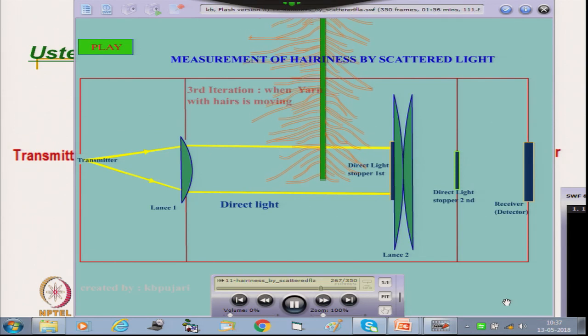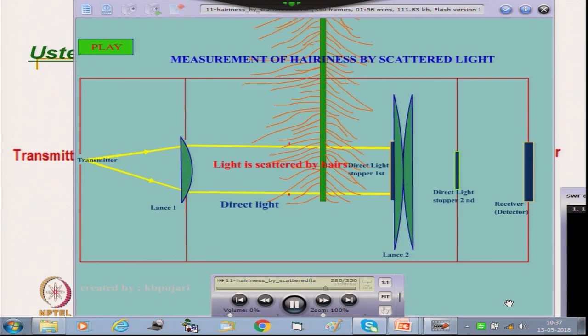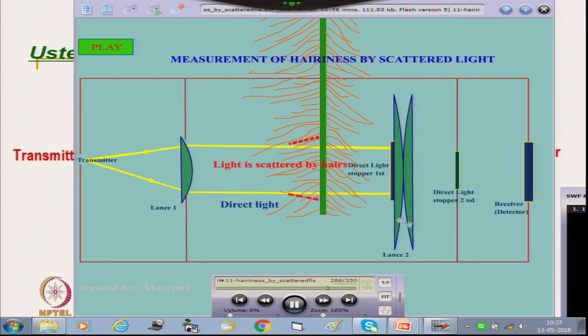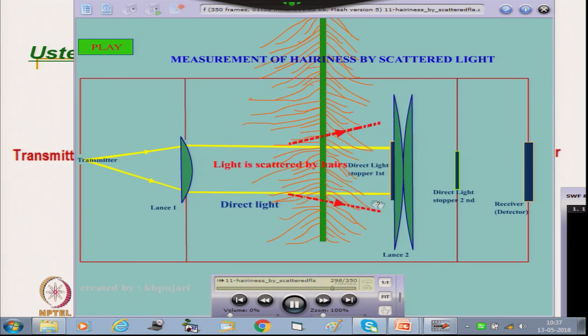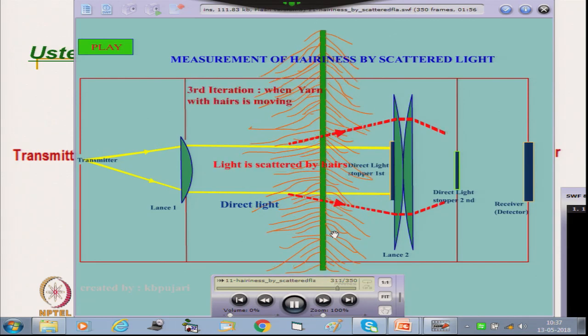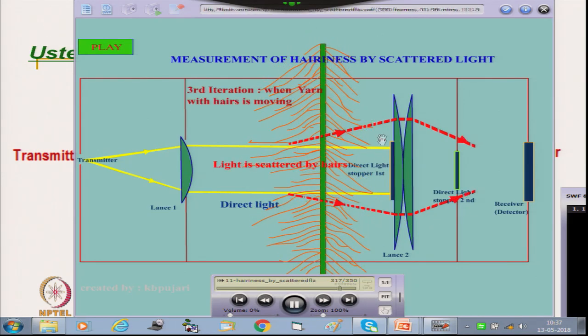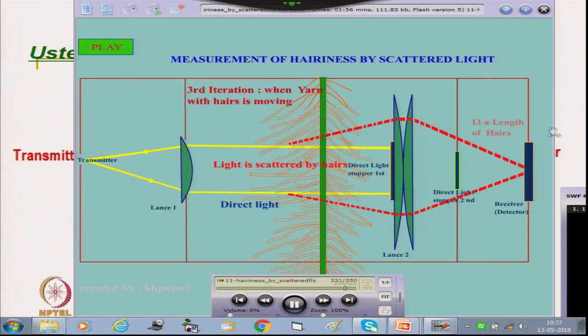These hairs will start scattering the light beyond this stop mechanism, and through this lens system it will get projected.